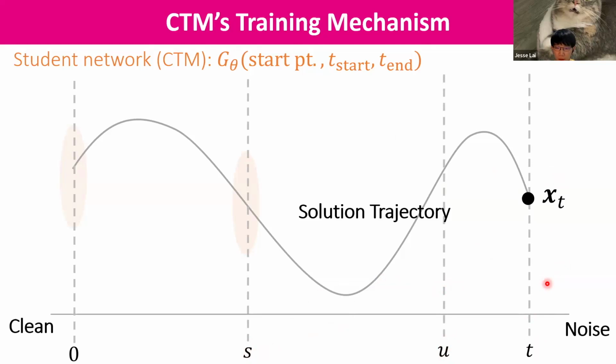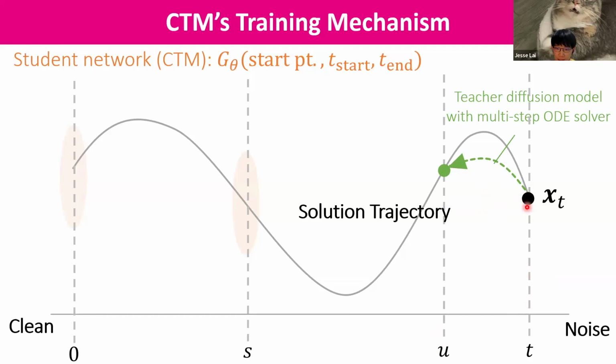So what CTM does is first use the teacher model with an ODE solver to solve from t to u. This interval is what we distill the teacher information from into the student model, which is CTM.